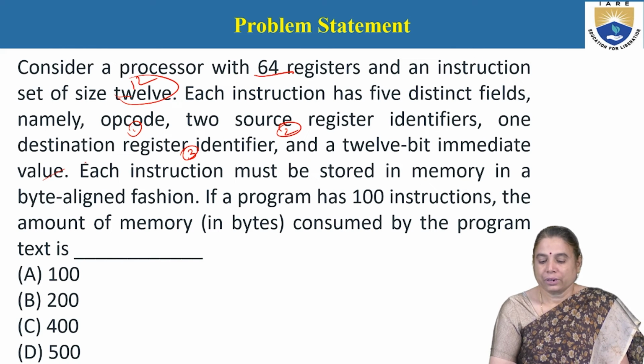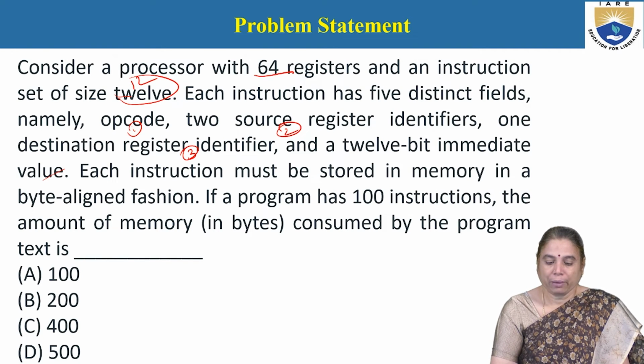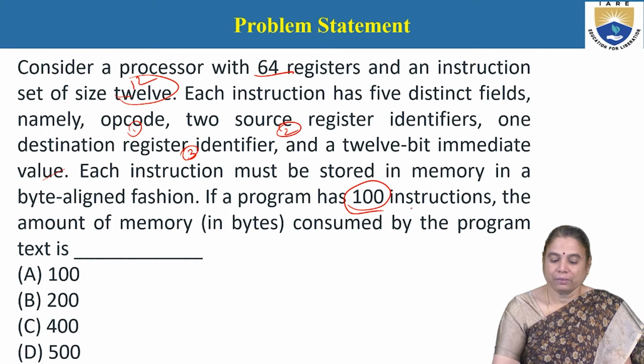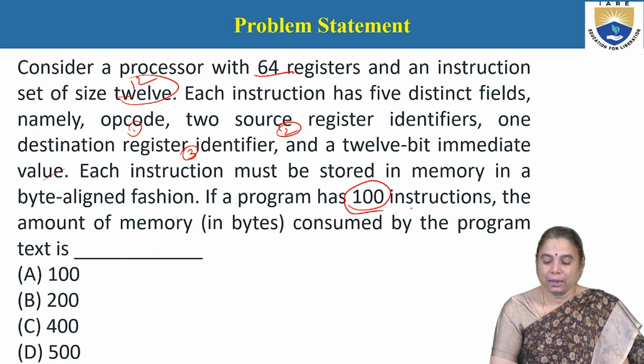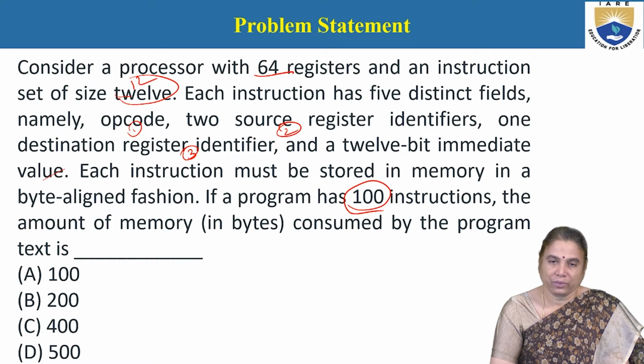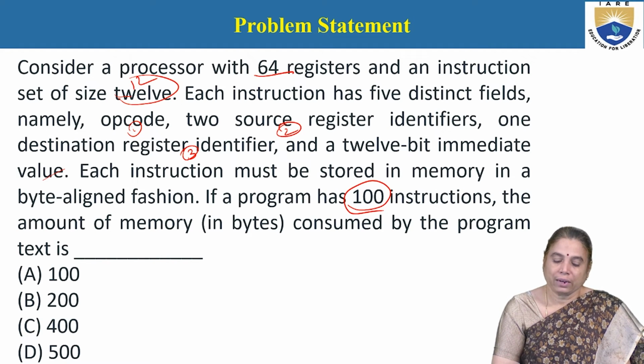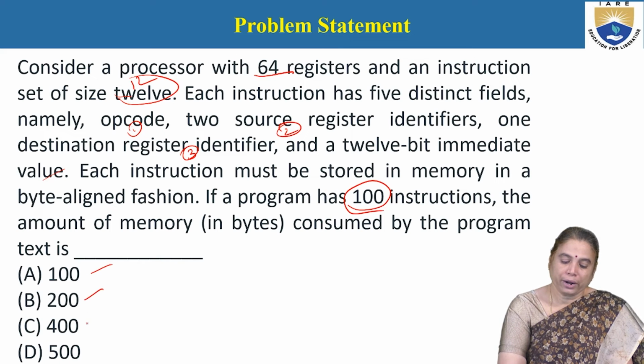So each instruction must be stored in memory in a byte-aligned fashion. If a program has 100 instructions, the amount of memory consumed by the program text is, and options given are 100, 200, 400 and 500.